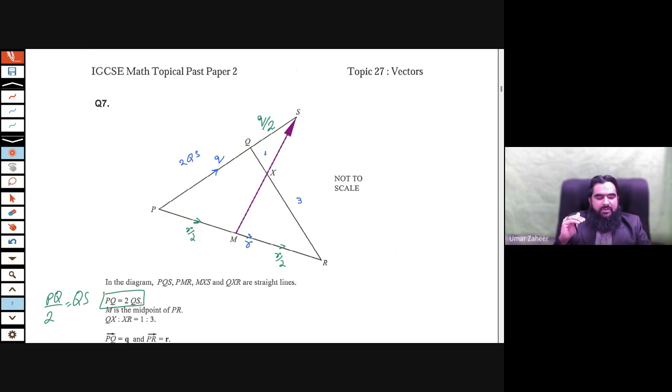In vector questions, always remember you need to make the path. You have to try your best to make a correct path. If you make a correct path, you will probably get the right answer.